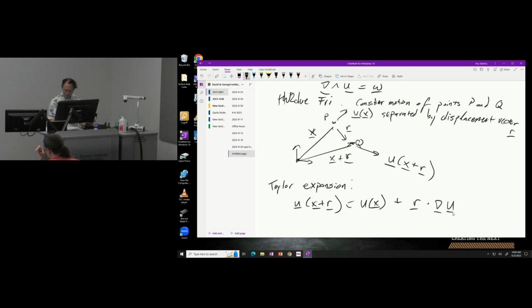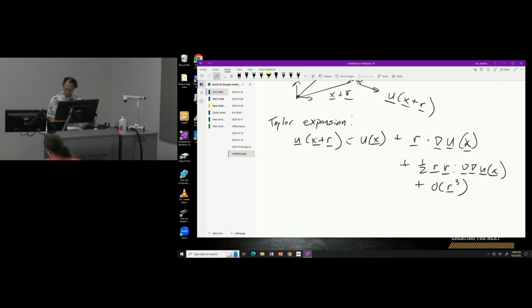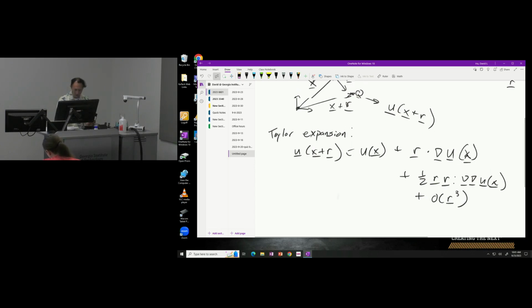When you have 3 dimensions, it just means you have these terms instead of the first derivative, right? So basically, that's how you can write the change in velocity.